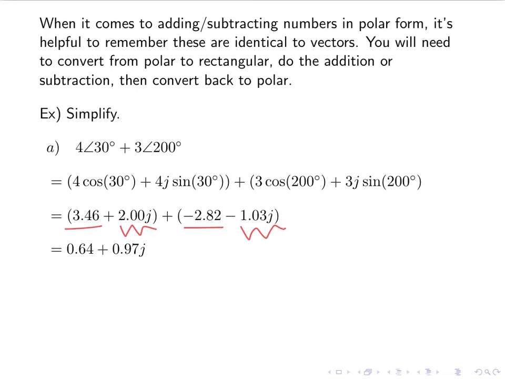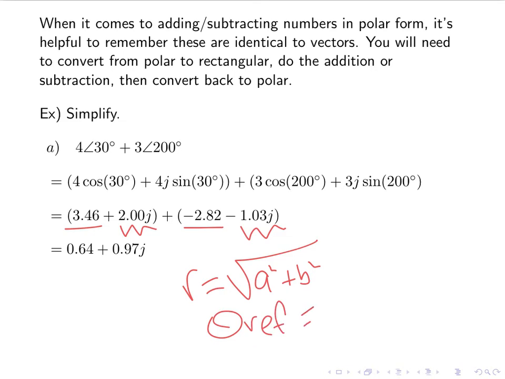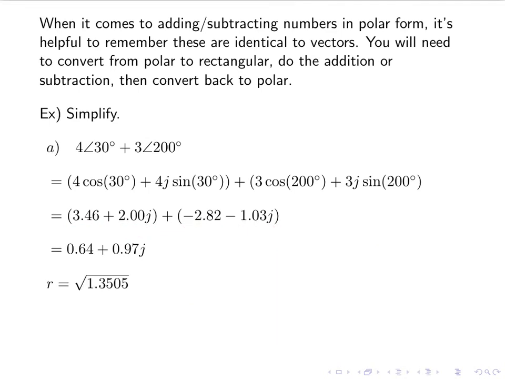So we're going to use those equations that we had before, right? R is the square root of a squared plus b squared, and theta reference is tan inverse absolute value of b over a. So using those, we get that R is 1.16.